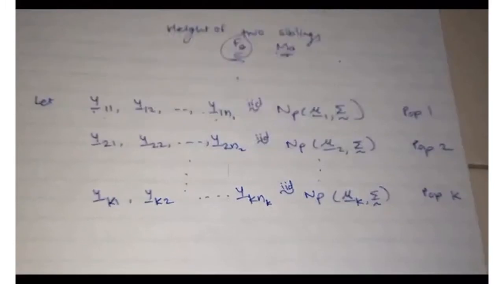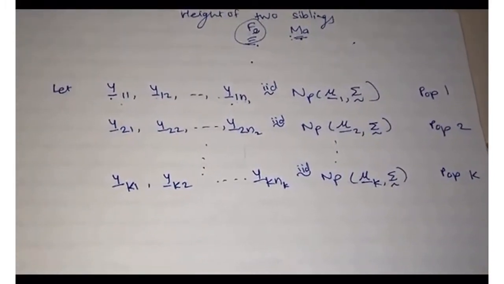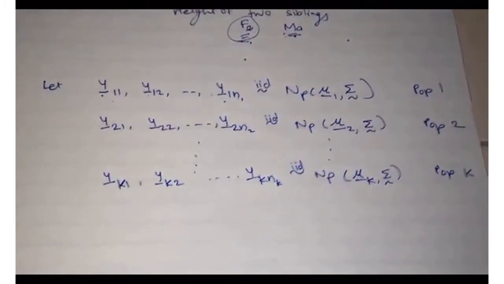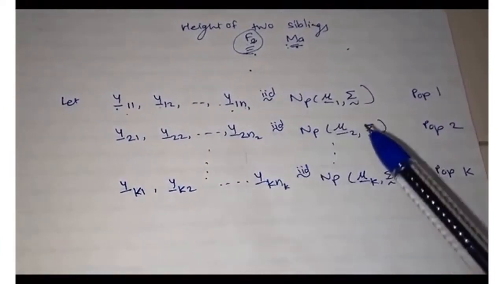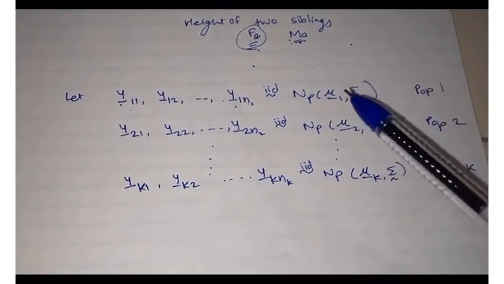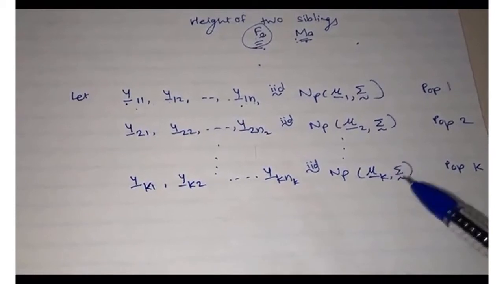So just like ANOVA, we are having more than two populations. Let me assume we have k populations. Number of observations from each population need not be same. So I have n1 observations from population 1, n2 observations from population 2, nk observations from population k. Each population can have different mean, but we are assuming that the variance is same.